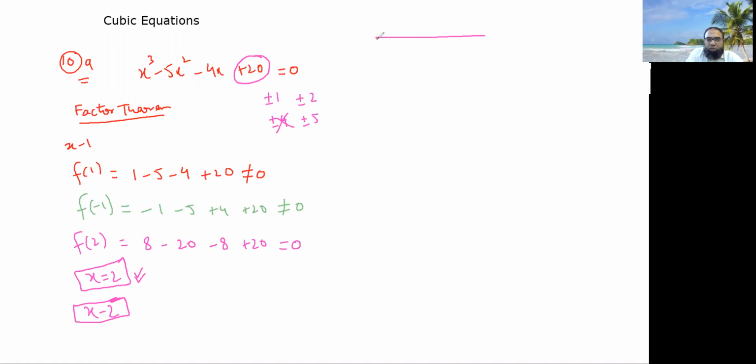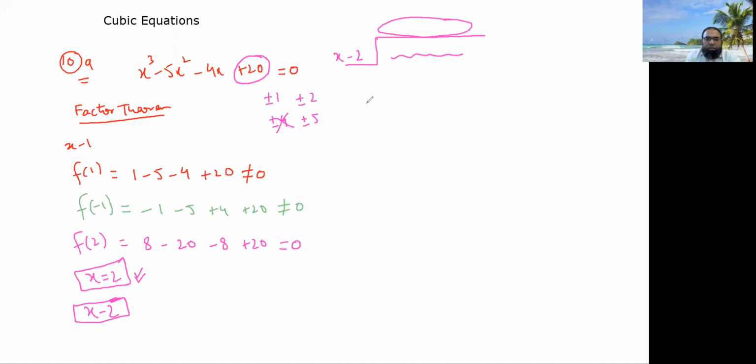One method is long division: you will write the cubic expression here and x minus 2 over here. When you perform the division, you will get the quotient, which will be the required quadratic factor. I'll not be doing this because it takes a lot of time.